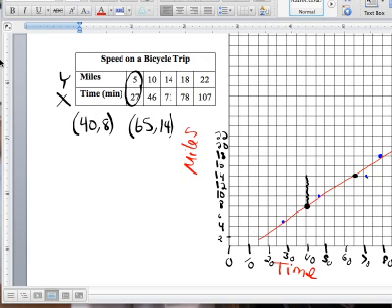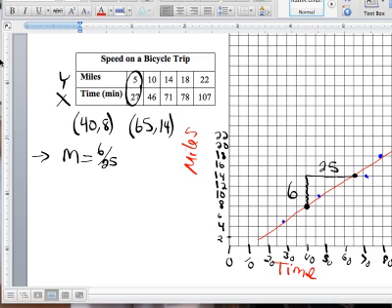So I'm really going to rise 6. And then I'm going to run 1, 2, 3, 4, 5 units. Well, each one's worth 5 though. So 5 times 5, that's 25. So my slope then, my m, is rise over run, which is 6 over 25. So this right here is my slope.